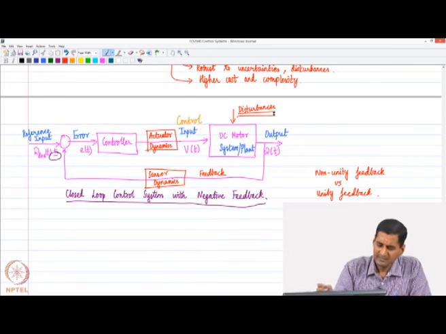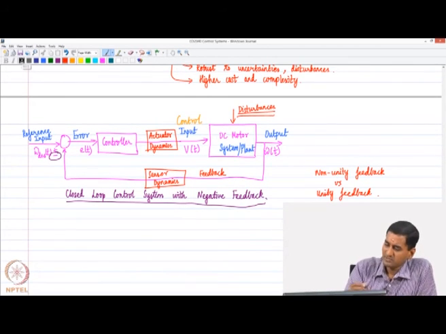To summarize, what we are going to do in this course is the following. As a summary of all this discussion, the title of our course is control systems.